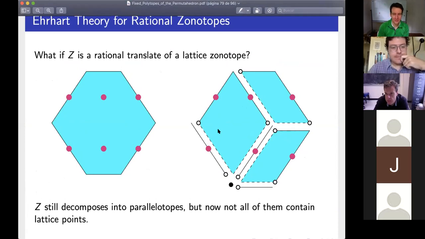I think that's right, at least for the odd case, with odd dilation. If it was an even dilation, then we would dilate by an even factor, and we would have lattice points at the vertices again, because this is half integral.